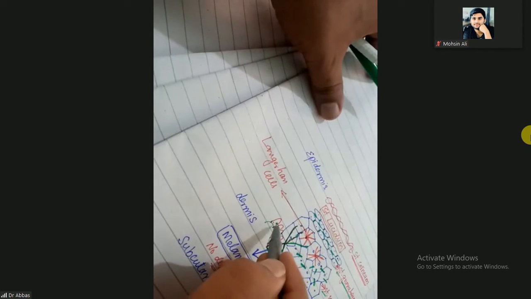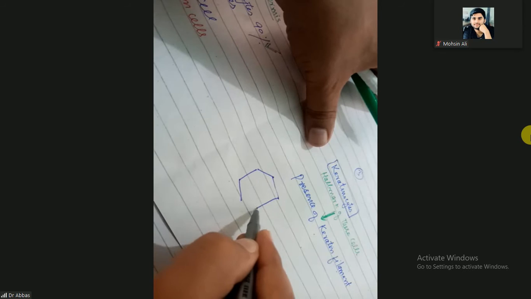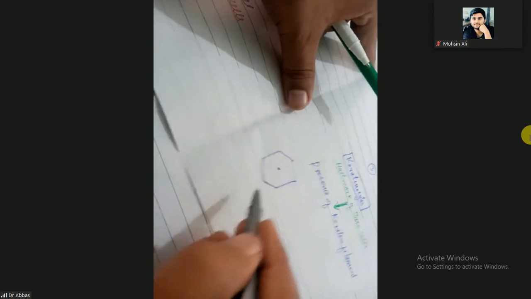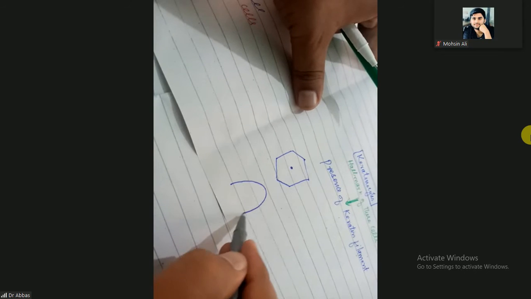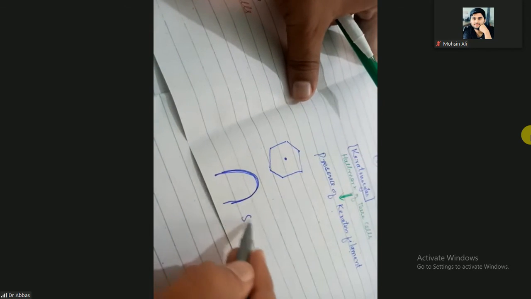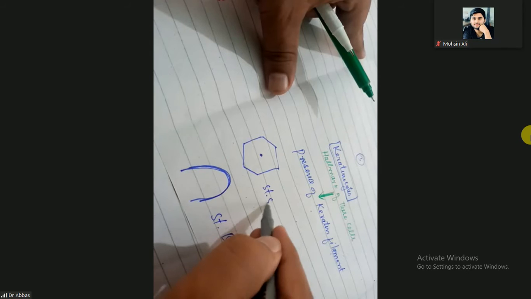Look at this. I am going to draw only one keratinocyte. Maybe this is a keratinocyte of the stratum spinosum, and this is a keratinocyte of the stratum basal because it is columnar in shape. So stratum basal and stratum spinosum.